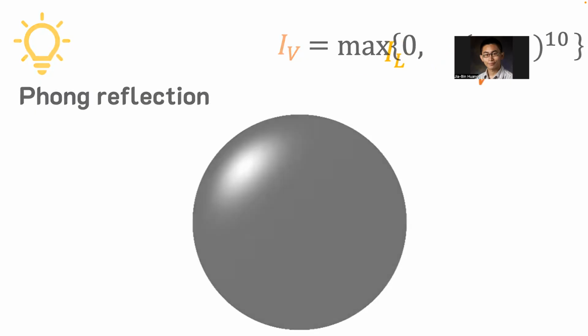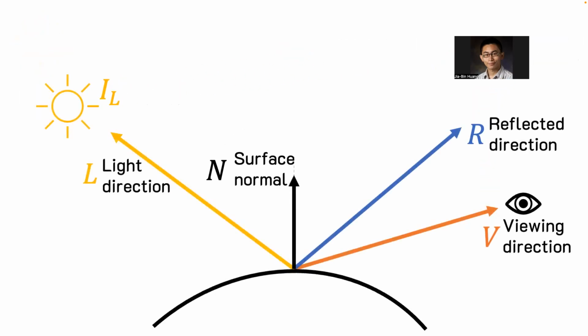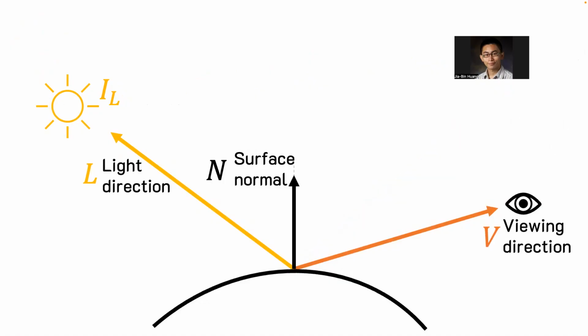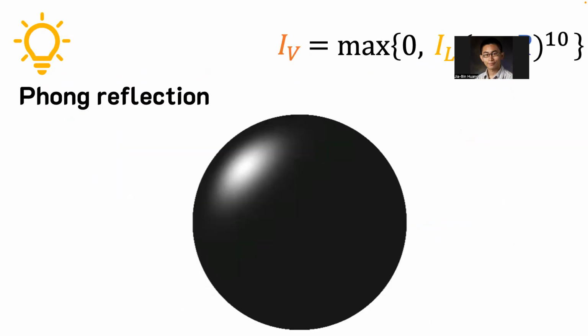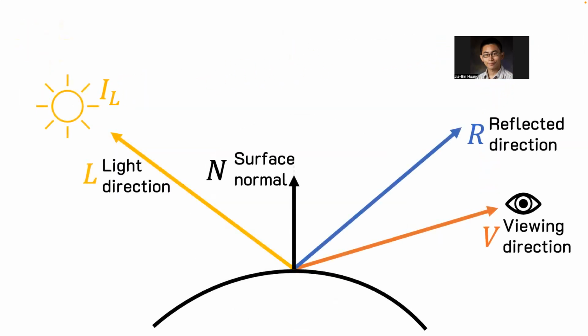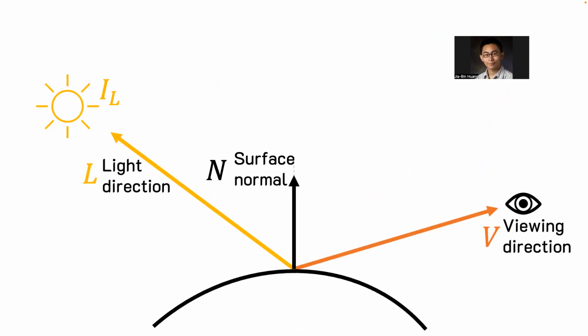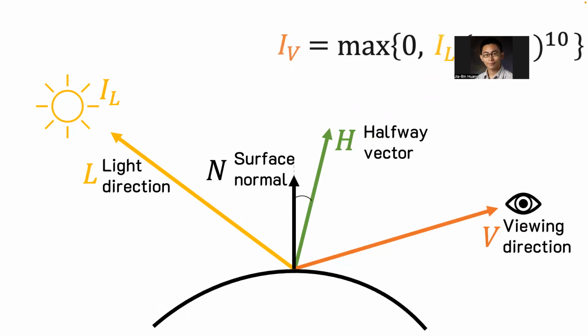Okay. All right, so you can further refine this reflection model by saying that, okay, this doesn't look very realistic. So what you can do is refine this by saying that, based on the light direction and the viewing direction, you have a halfway vector. And instead of computing the cosine between the reflection direction and the viewing direction, you use the halfway vector.